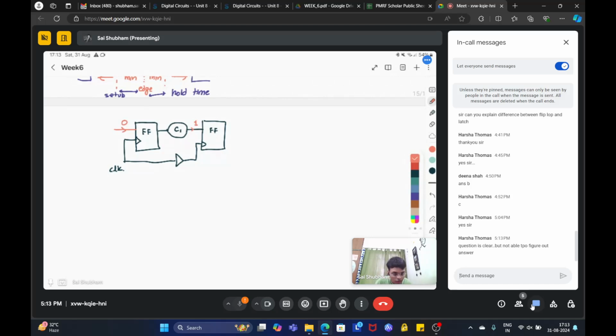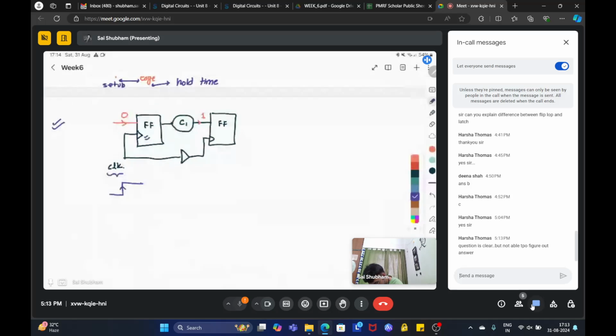You are not able to figure out the answer, so I am explaining it to you. This is a simple version. So the problem is that this is a clock. Now I made a transition over here, and this transition reached here. So this 0, since this is a D flip-flop, will go over here.